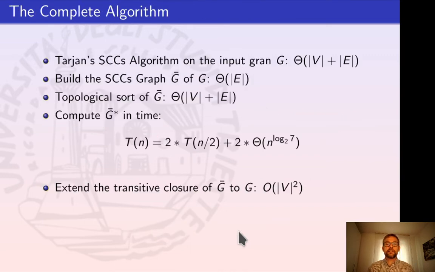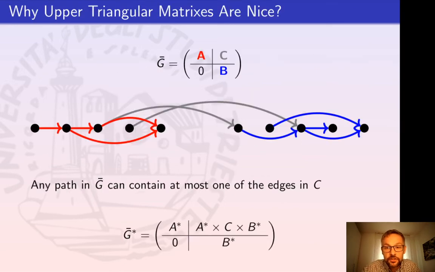Now let's have a complete overview of the algorithm, and try to figure out the complexity of performing all these operations. So we now have a strategy to get the reachability among the nodes of the collapsed graph.